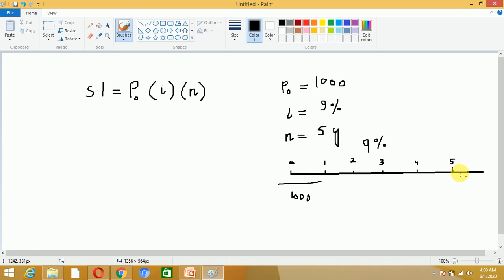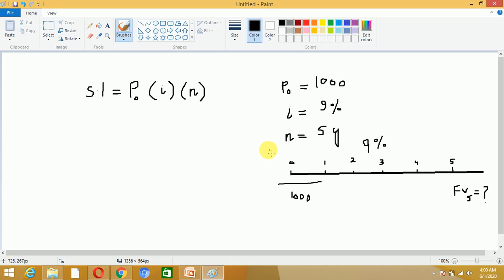And we want to calculate the value here, that is the future value at the end of 5 years. It is not known.